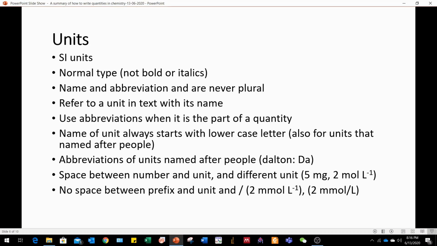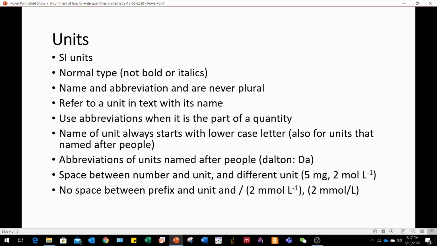After the number, units are the component of the value of a quantity. Normally we use SI units, but other units can be used, particularly when you are dealing with things in industry or at some other commercial levels.